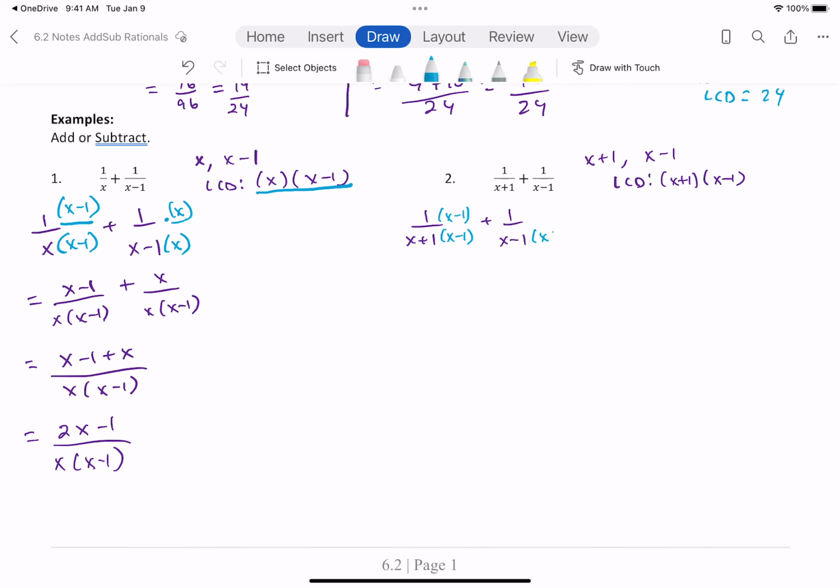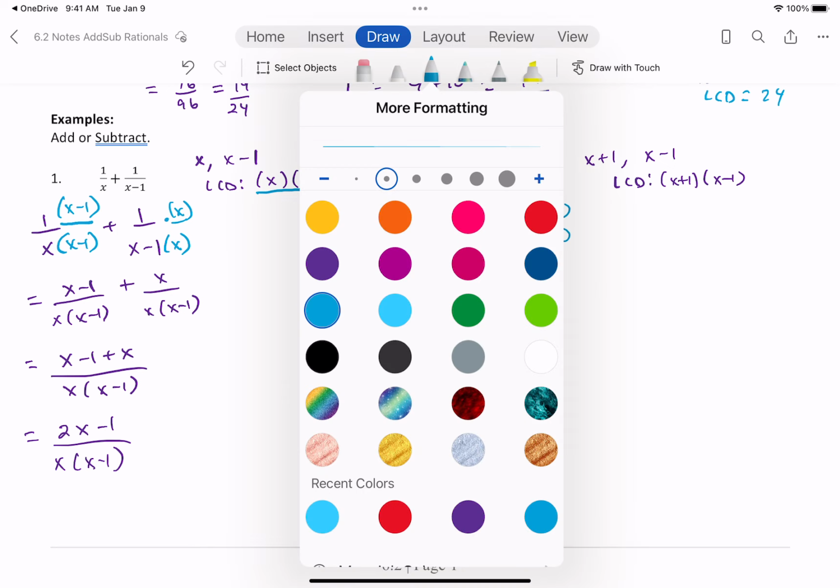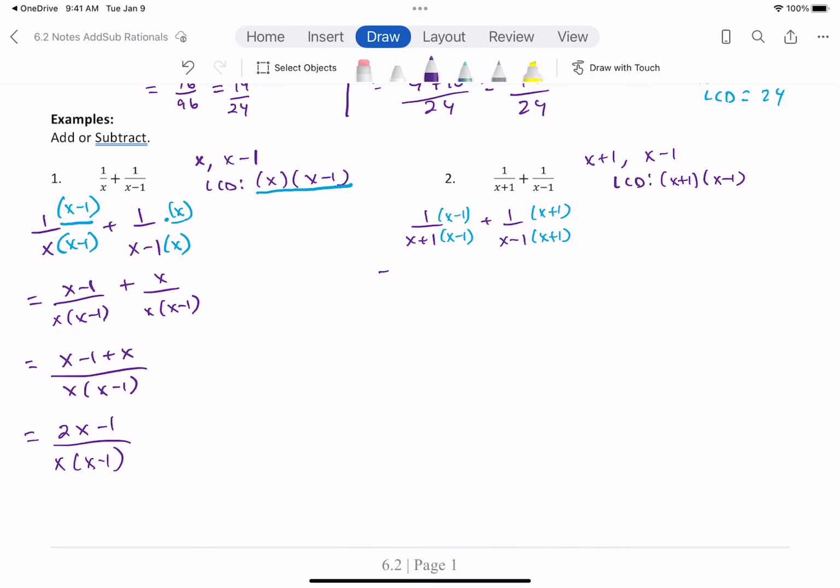I'm going to need the x plus 1, and we'll also need to do it to the top. Alright, so 1 times x minus 1 is just x minus 1. One times x plus 1 is x plus 1.